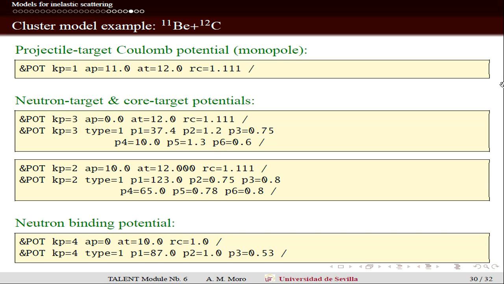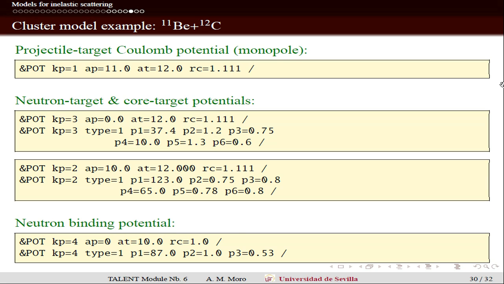And also, we have to generate the internal states of beryllium-11 in this 2-body model. These are the states of a neutron coupled to beryllium-10. The simplest way to do that is using some central potential, maybe with some spin orbit term. So for example, a Woods-Saxon plus a spin orbit.